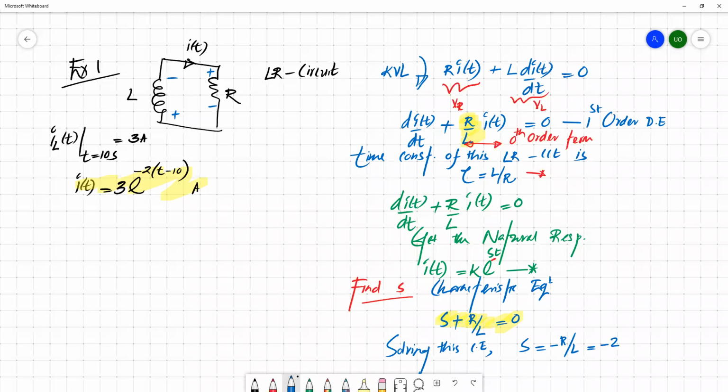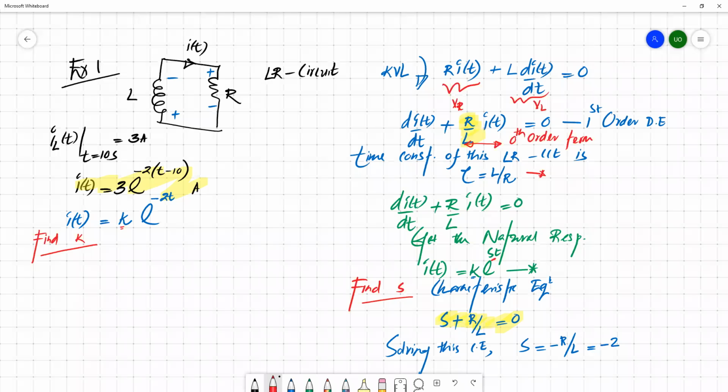Then your response i(t) is basically equal to an unknown constant k times e to the power minus 2t. So then we need to find k, this unknown constant.